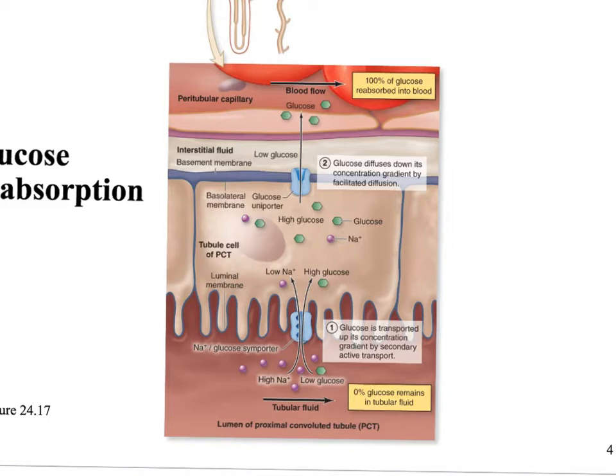Pretty straightforward? Yes? But if this is too high, that means blood going into the afferent arteriole is going to push glucose in here. This is going to be high.